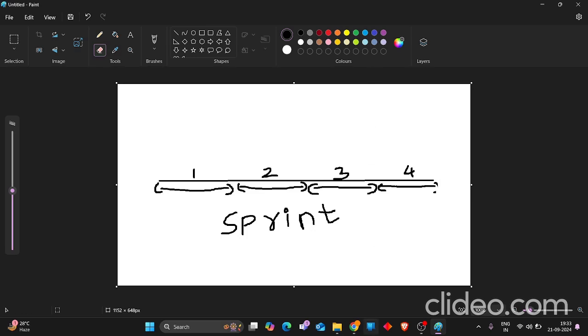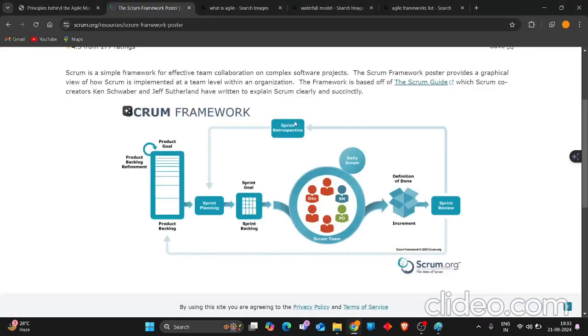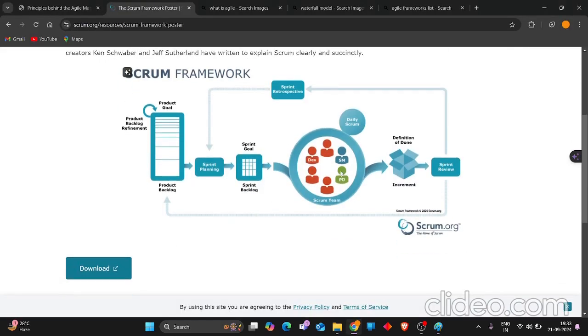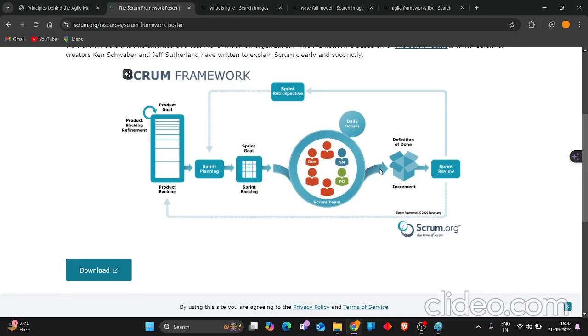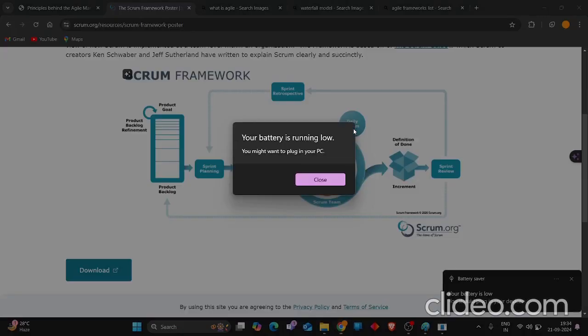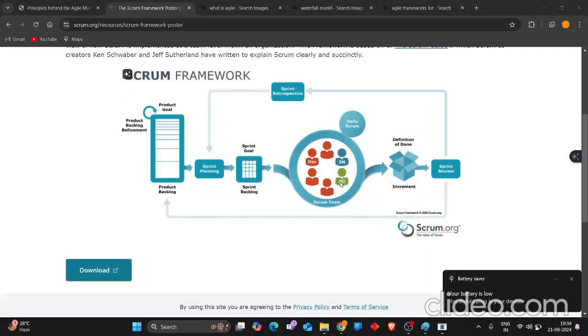So let's talk more about Scrum. We were at the Scrum team. In the Scrum team there is the daily Scrum. Daily Scrum means all the people in the Scrum team should meet once daily.